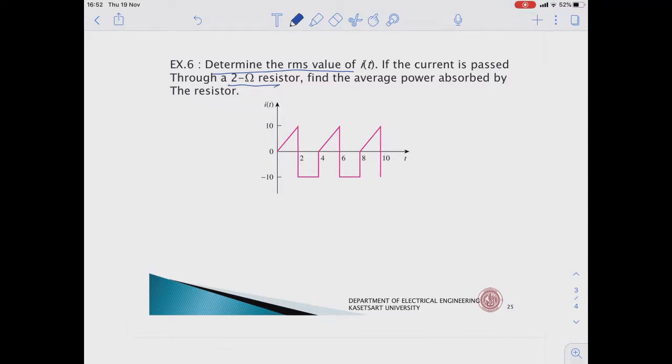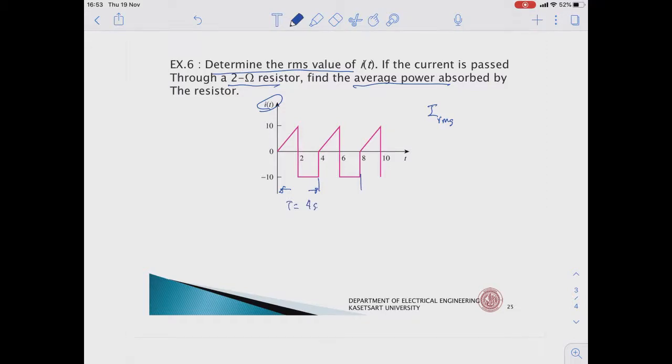To find the average power, we need to find V RMS or I RMS. So this one they give you the current waveform, so we will find the I RMS, and we know that this one is a periodic signal, and the period T is equal to 4 seconds.